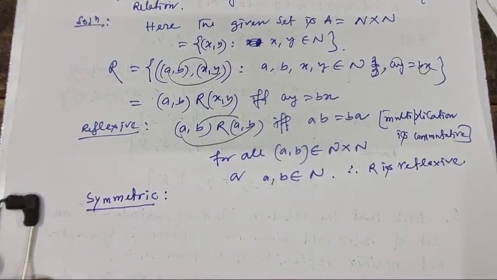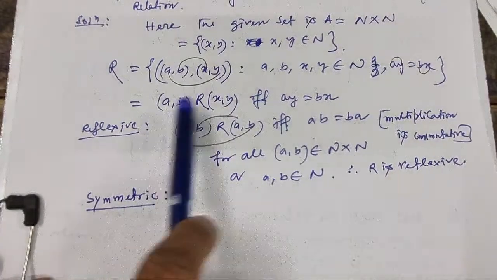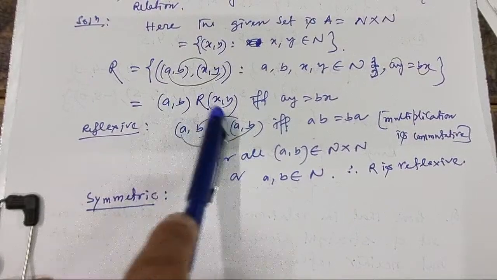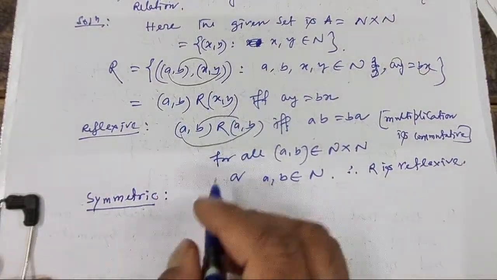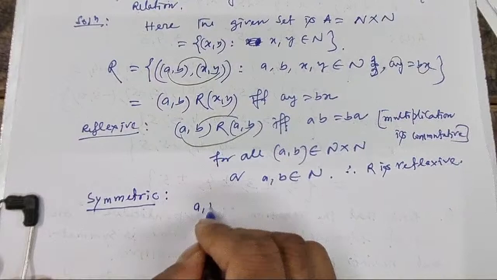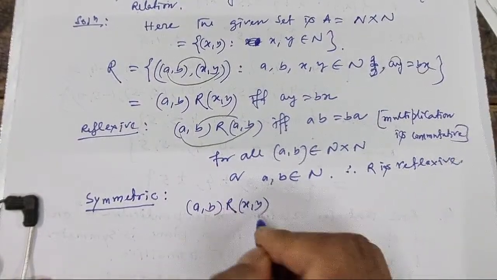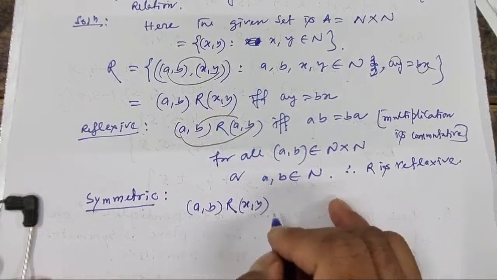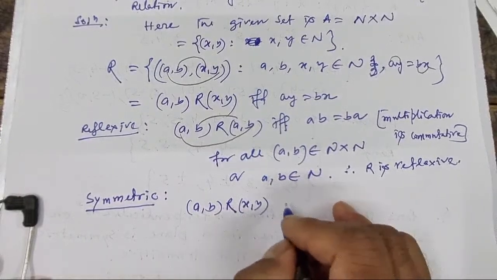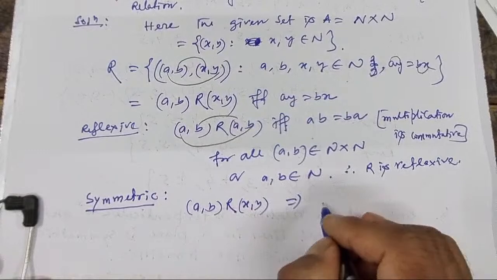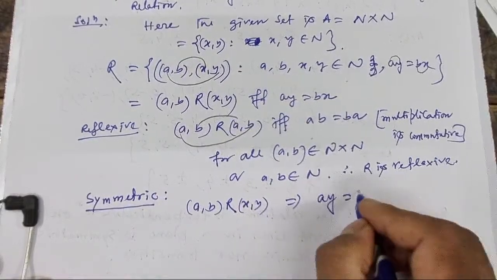In case of symmetric, what do I have to show? I have to take (a, b) R (x, y) and I have to take (x, y) R (a, b). If (a, b) R (x, y) holds, that implies ay equals bx.